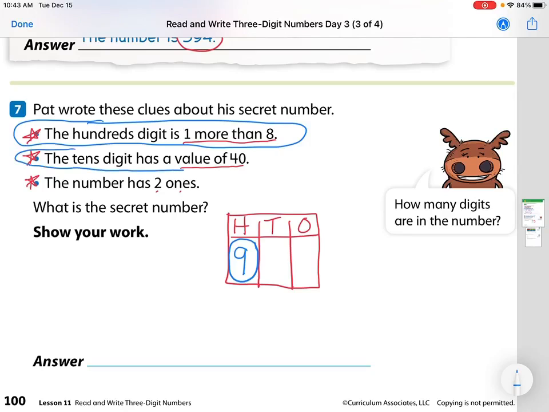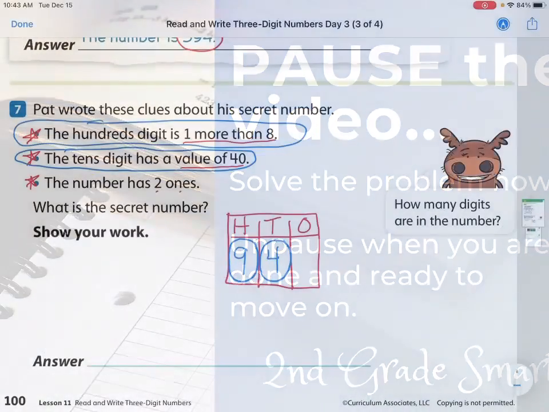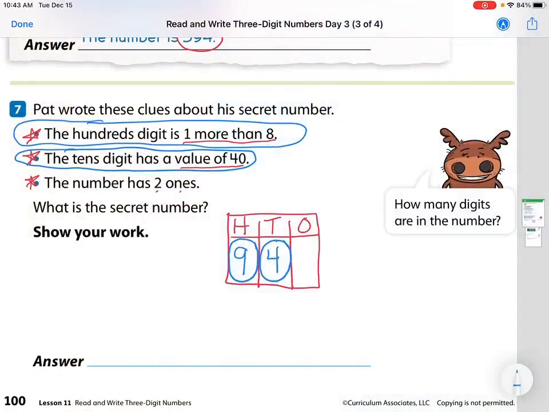Here's the next clue. The tens digit has a value of 40. Go ahead and pause the video and you're going to be putting your tens digit right there in that next circle. Pause the video now. All right, I hope you knew that that was going to be the digit 4 placed in the tens place, and that means it has a value of 40.